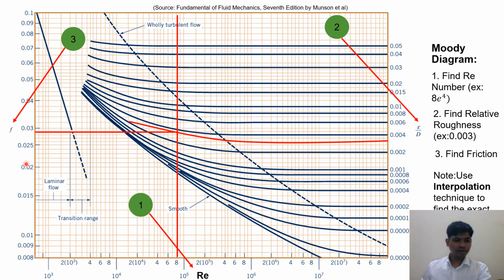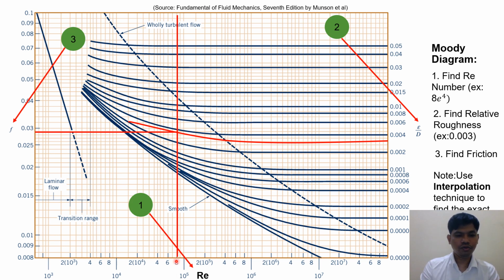So the thing that you need to do is use the interpolation technique to find the exact value. For example, here, since in this diagram we only have 0.004 or 0.002, we need to interpolate the position of 0.003.